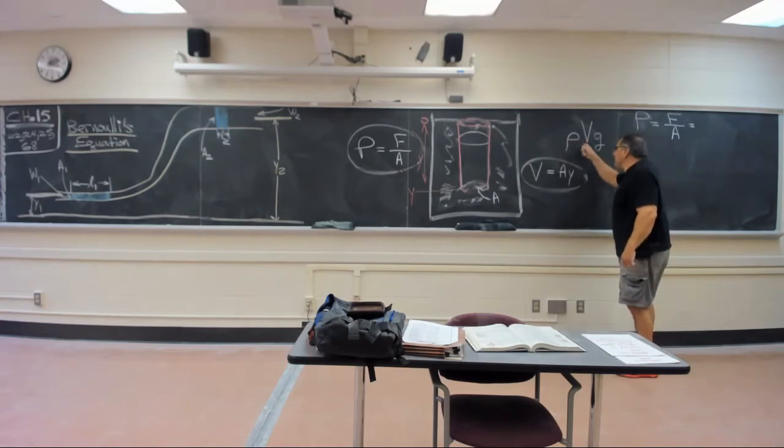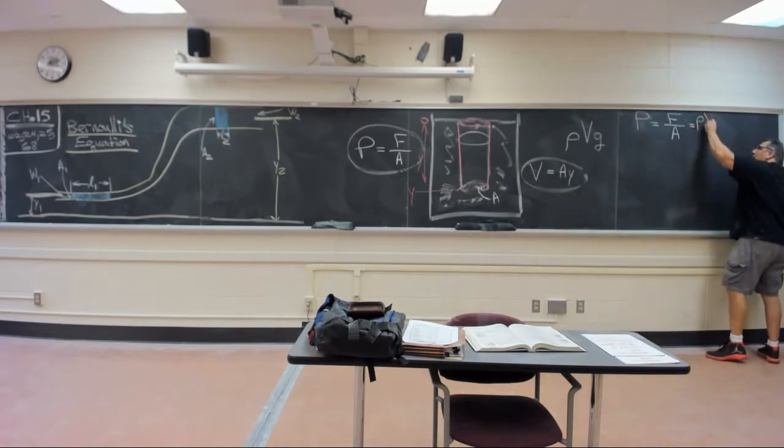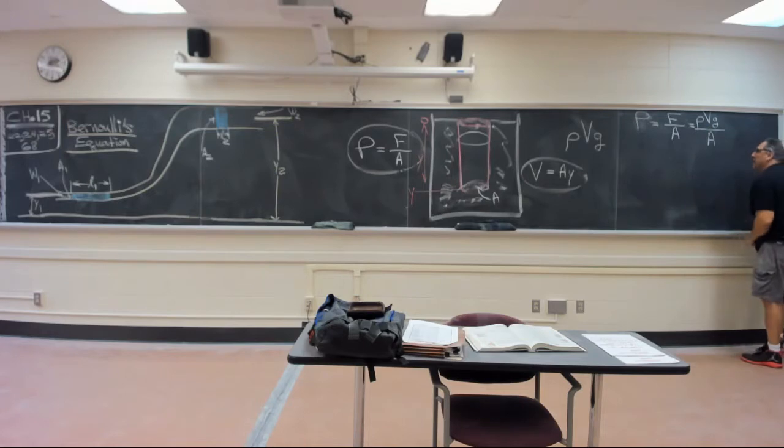Mass density times volume is mass. Mass times g is the force, over A. Wait a minute now. Didn't we say that the volume was A times y? And there's your g. Divide by A.